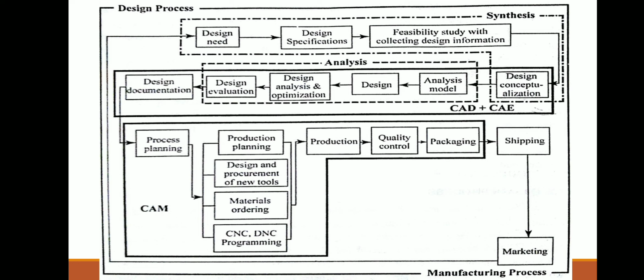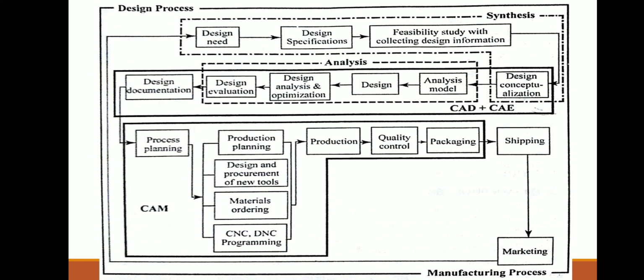Feasibility study means is it possible to make this type of product in our factory? Those things they have to decide. So from these factors they have designed the concepts. This stage is called synthesis.